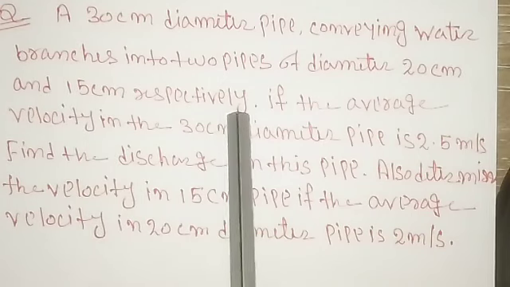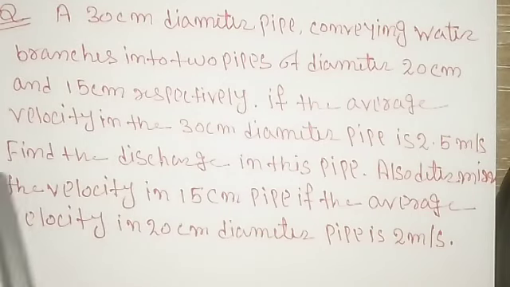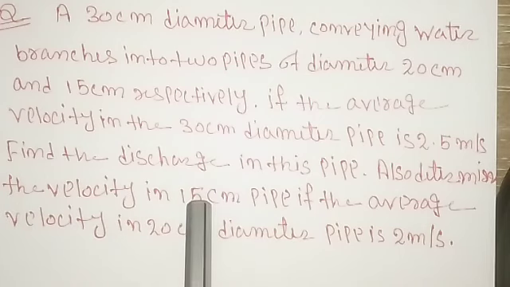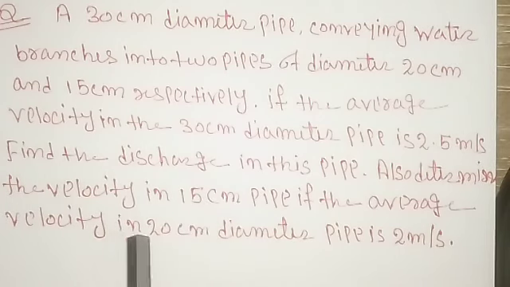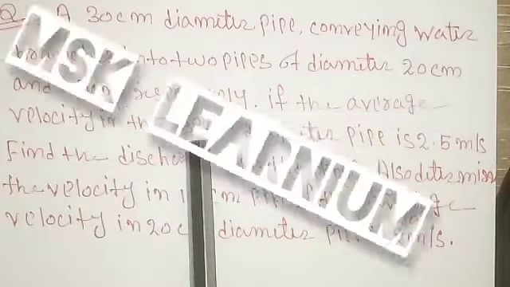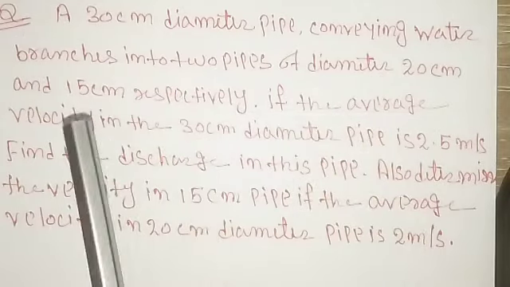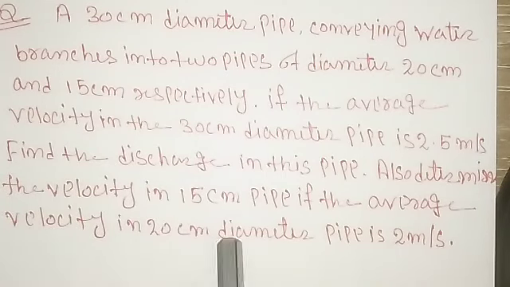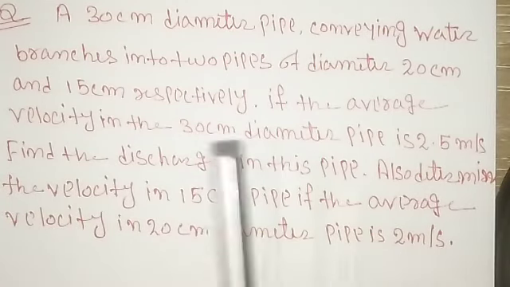We have to find the velocity in the pipe of diameter 15 centimeter, and find the discharge through the pipe of 30 centimeter diameter, and the velocity in the 20 centimeter diameter pipe is given as 2 meter per second.